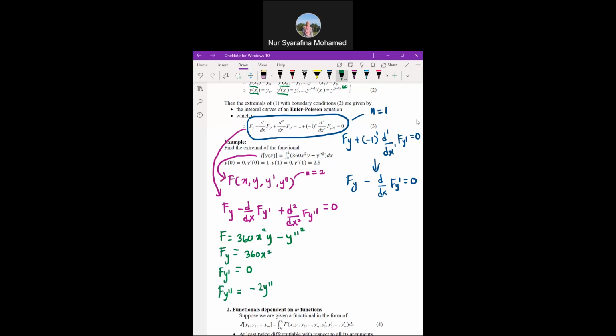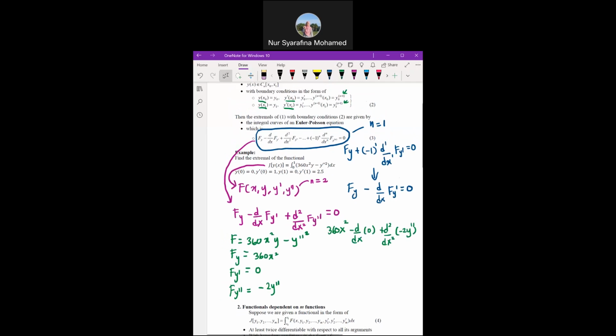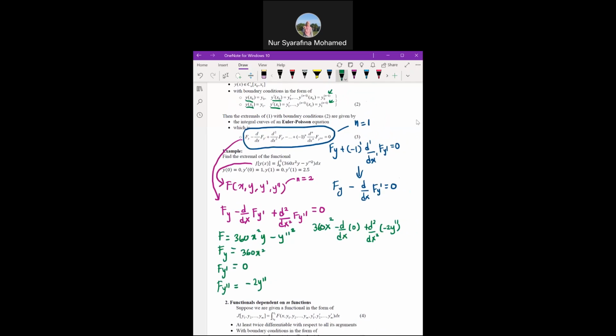So substituting into the Euler-Poisson equation, we have 360 x squared minus Fy prime, which is 0, plus d squared/dx squared of minus 2y double prime, equals 0.